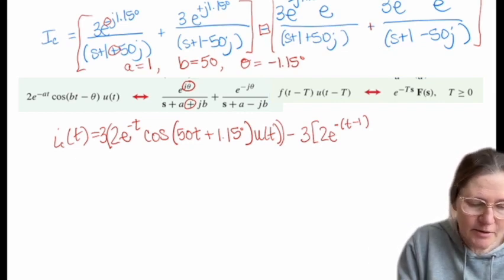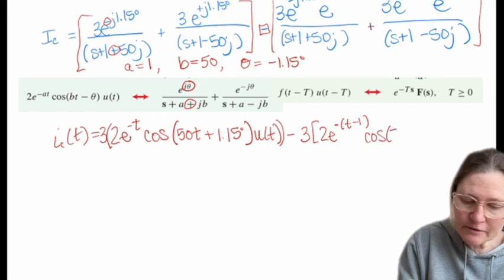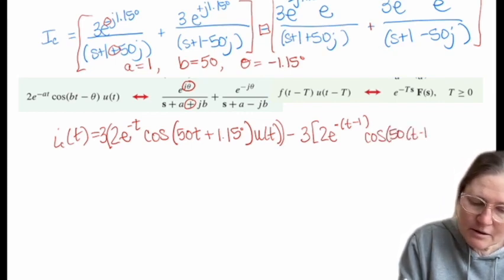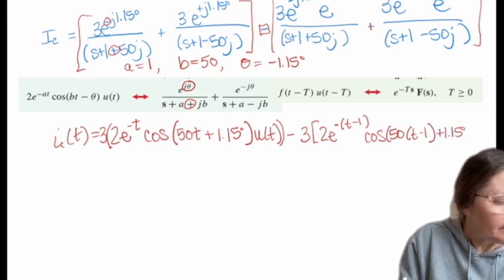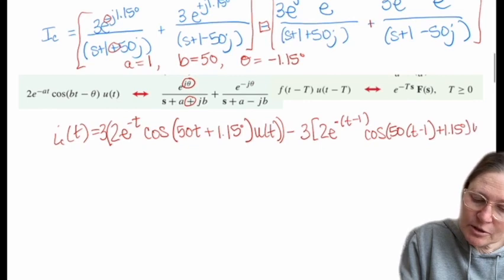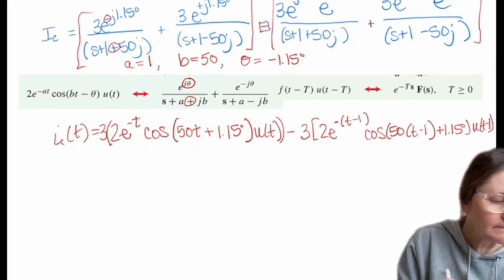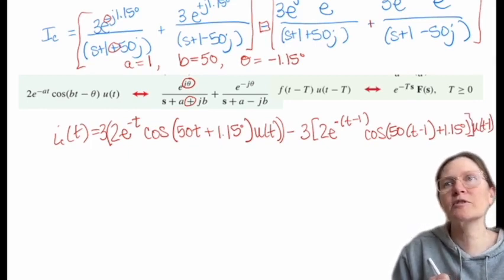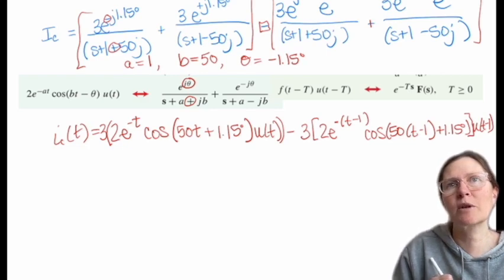And then the rest of the function, cosine 50, and then again this is t minus 1, plus 1.15 degrees. And then it's going to be u of t minus 1. So that second portion is all multiplied by u of t minus 1.